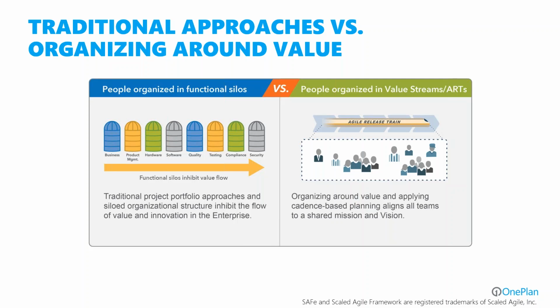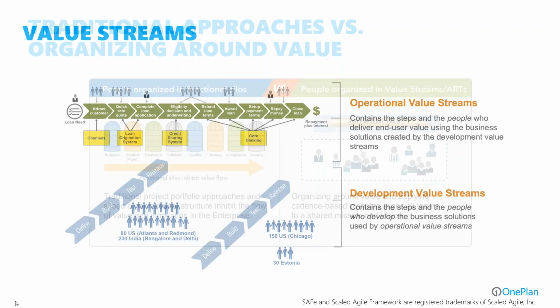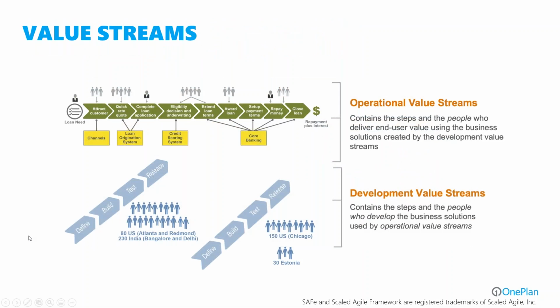So right there, you're already not set up for success. The thinking with LPM is trying to organize people around value by using the value stream concept. So let's look at that. So with value streams, you think about the customer as you organize your people.